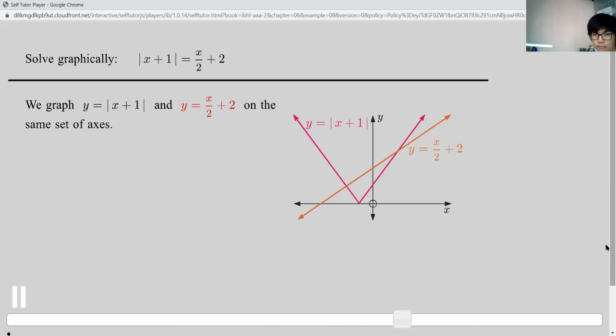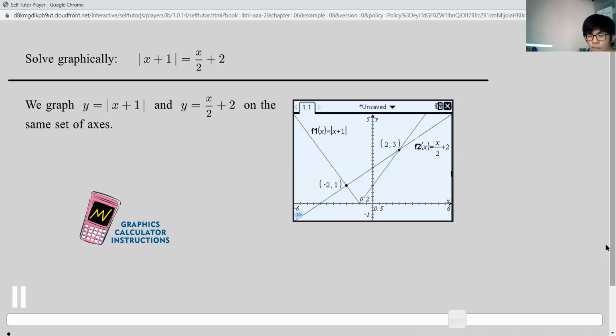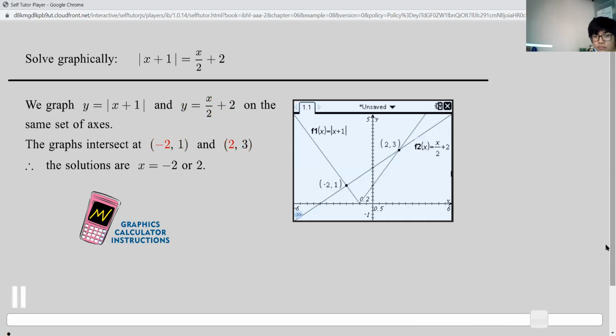So it is y equals minus x minus 1. The right-hand side of the equation is a straight line with gradient 1/2 and y-intercept 2. Alternatively, you can plot the functions using a calculator. Click on the icon if you need instructions. The graphs intersect at 2 points, and the solutions to the equation are their x-coordinates.